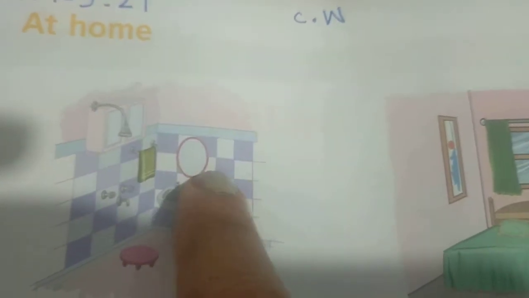Then there should be one mirror. You can see this is a mirror in which you can see your beautiful face. See, the teacher is watching her face. Oh my god, such a beautiful face.